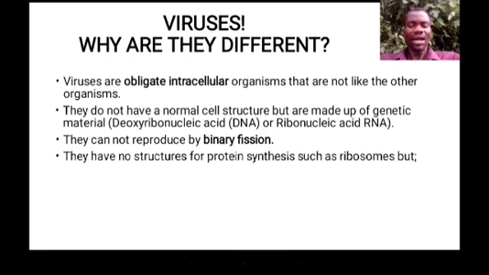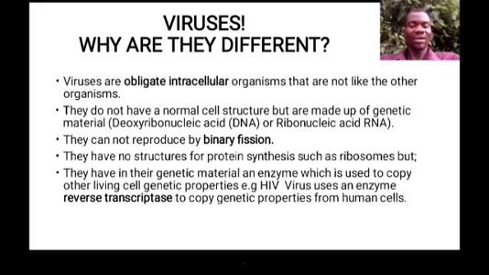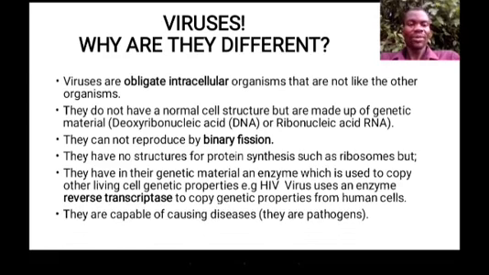They have no structures for protein synthesis, such as ribosomes, like every other group of organisms, but they have in their genetic material an enzyme which is used to copy the living host's genetic material. For instance, we have the HIV virus, which uses an enzyme known as reverse transcriptase to copy genetic material from host cells, especially humans. They are capable of causing diseases.